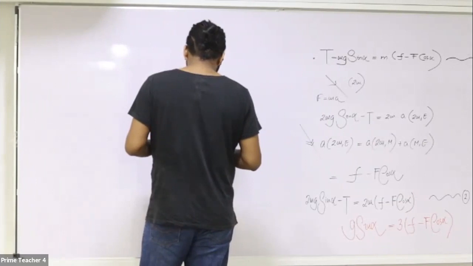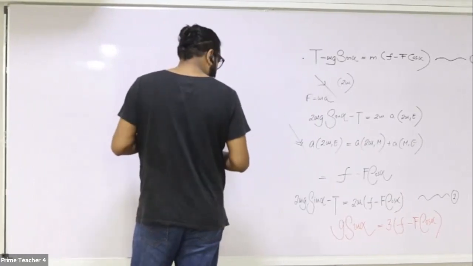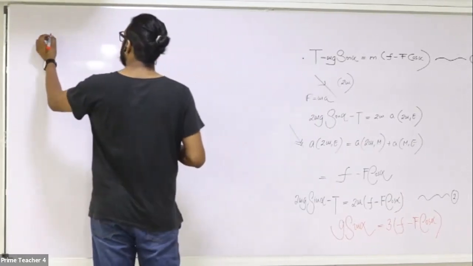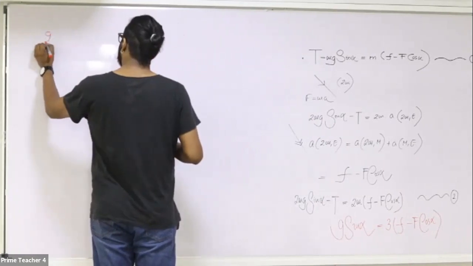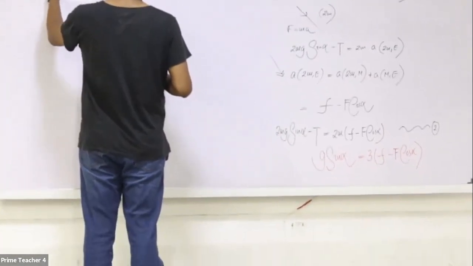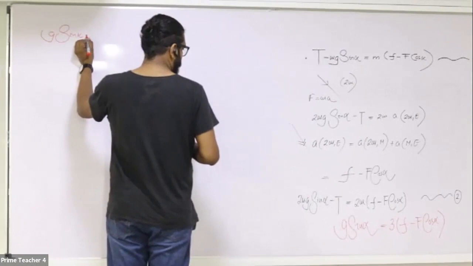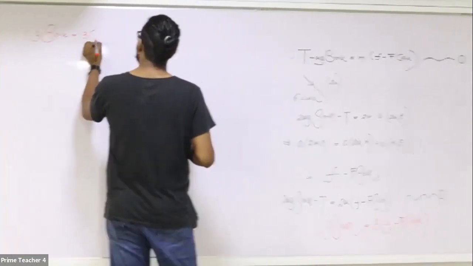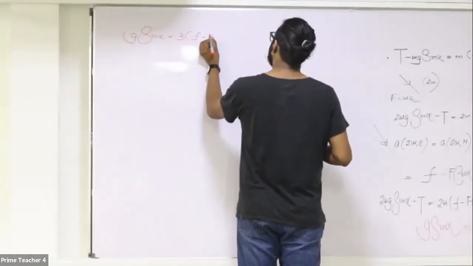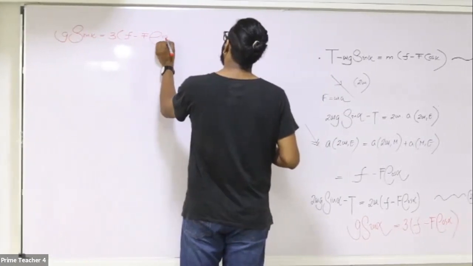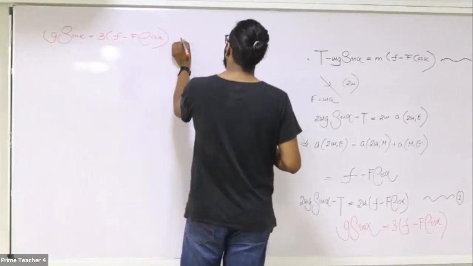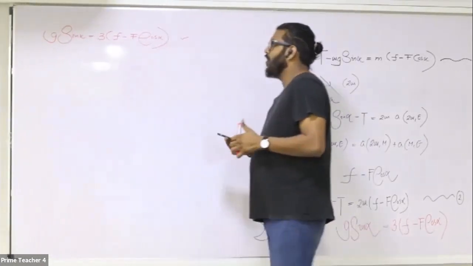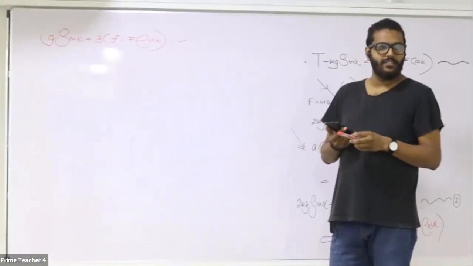So let's start working on this. So we have g sine alpha being equal to 3 times f minus f cos alpha. So to have a rough idea on simple F and capital F, this is enough.